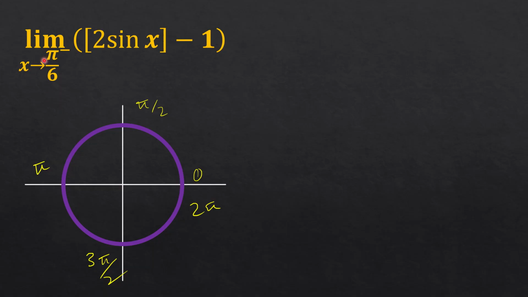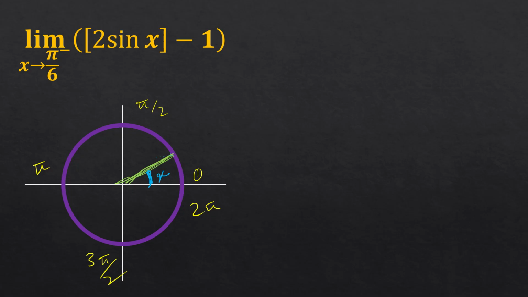Let's consider it exactly. When x is pi over 6, that means x is somewhere here, and this angle is x. We know x is pi over 6, or is approaching pi over 6. For the sake of simplicity, for now, we assume that x is pi over 6. And what is sine of x?